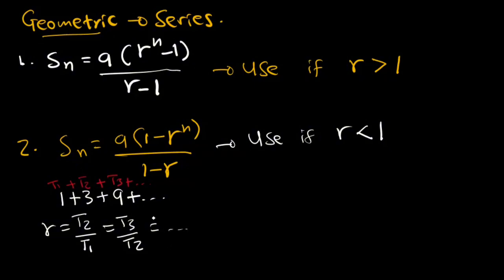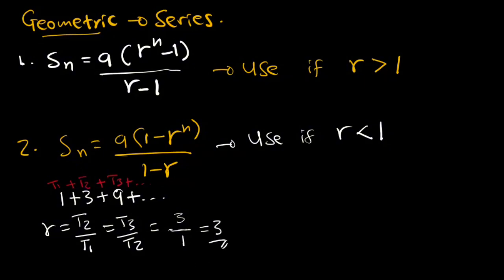Just like that. Now, what is the ratio of this series? The ratio would be T2 divided by T1, which is 3 divided by 1. This will give me a 3.